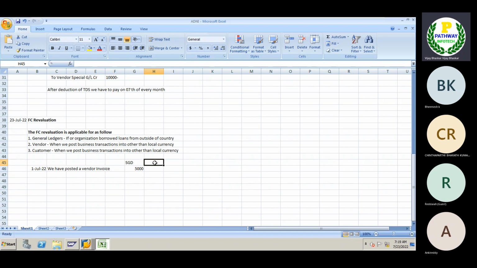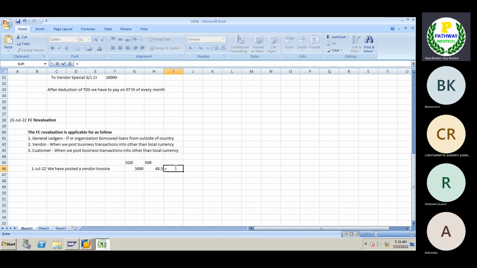Now on that day, 1st of July, when the transaction happened, my exchange rate between the currencies was, let's say, 48.50.